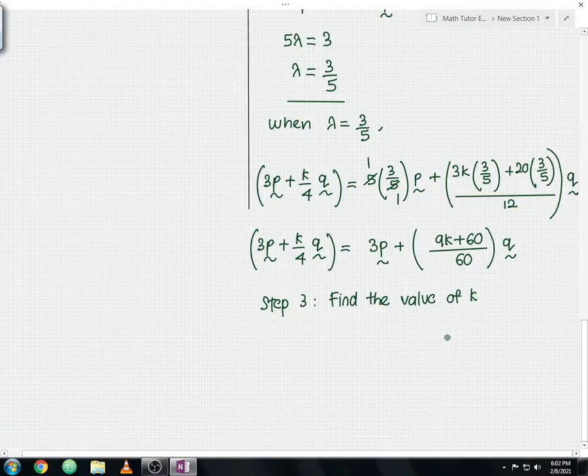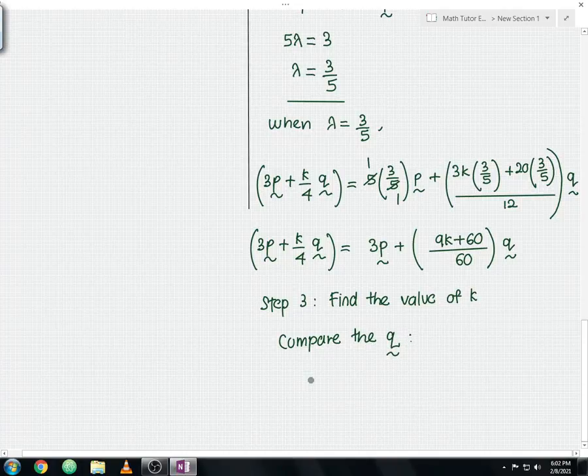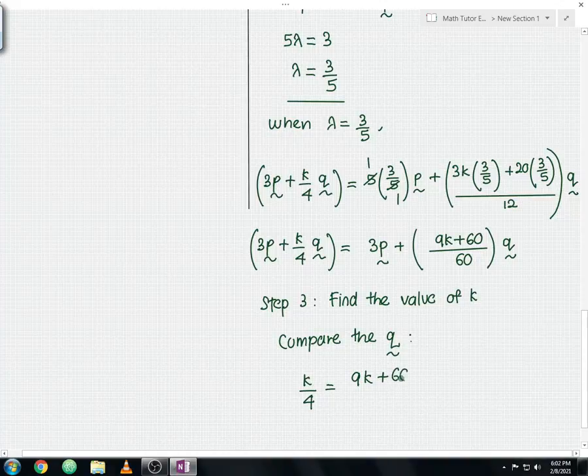So from here, P and P we cannot compare anymore because the values are the same, but you can compare in terms of component Q. So from here, k over 4 you can equate with 9k plus 60 over 60. So from here, compare the component Q. So from here, k over 4 will be equal to 9k plus 60 over 60. Let me underline the fraction.